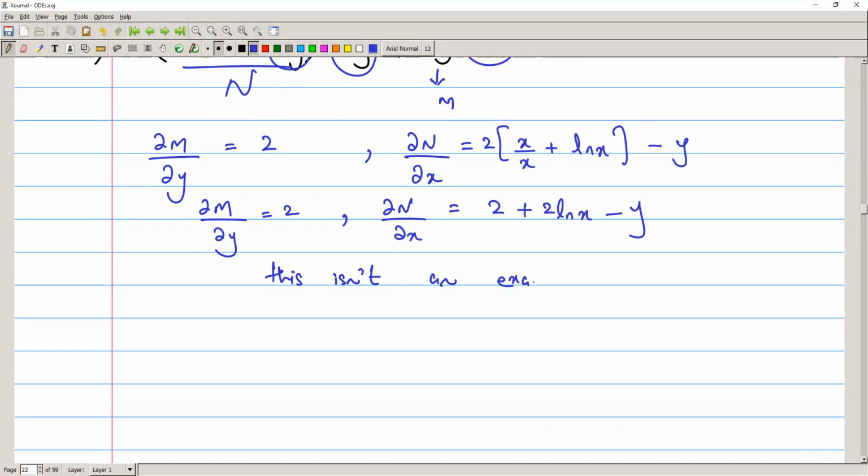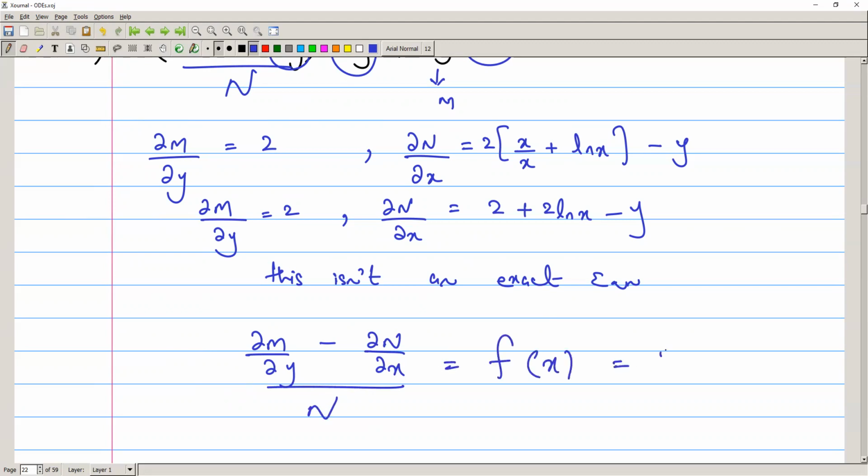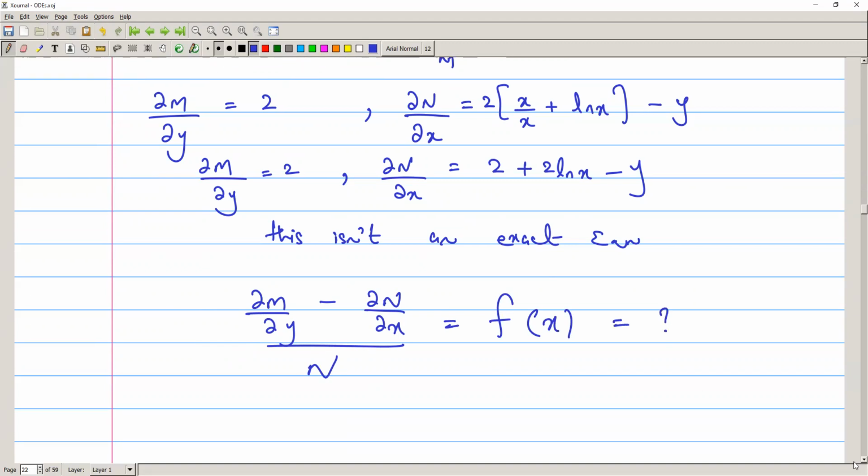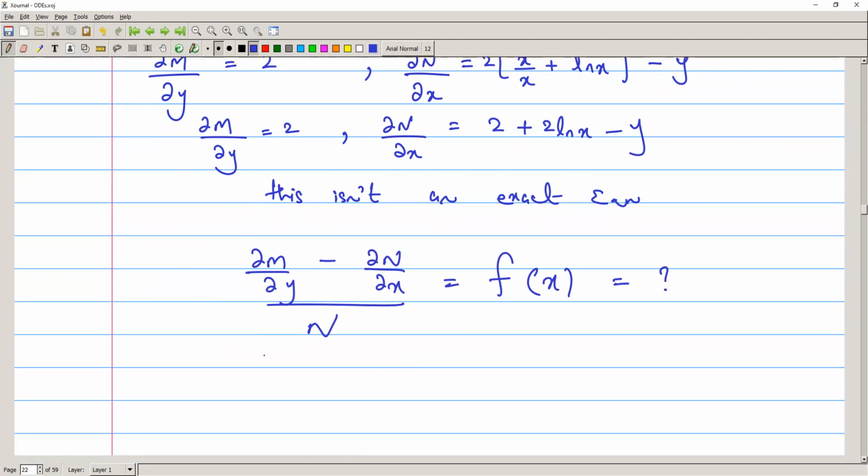Now we need to check whether the formula that we already discussed, (∂M/∂y minus ∂N/∂x) over N, gives a function of x or not, right? So apply this rule: ∂M/∂y is 2, minus ∂N/∂x, which is this function.